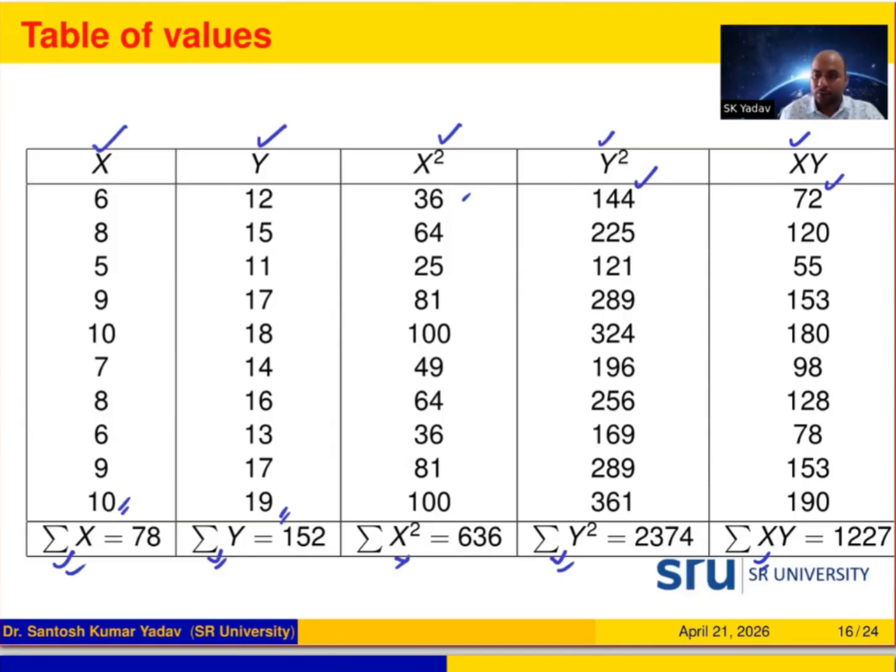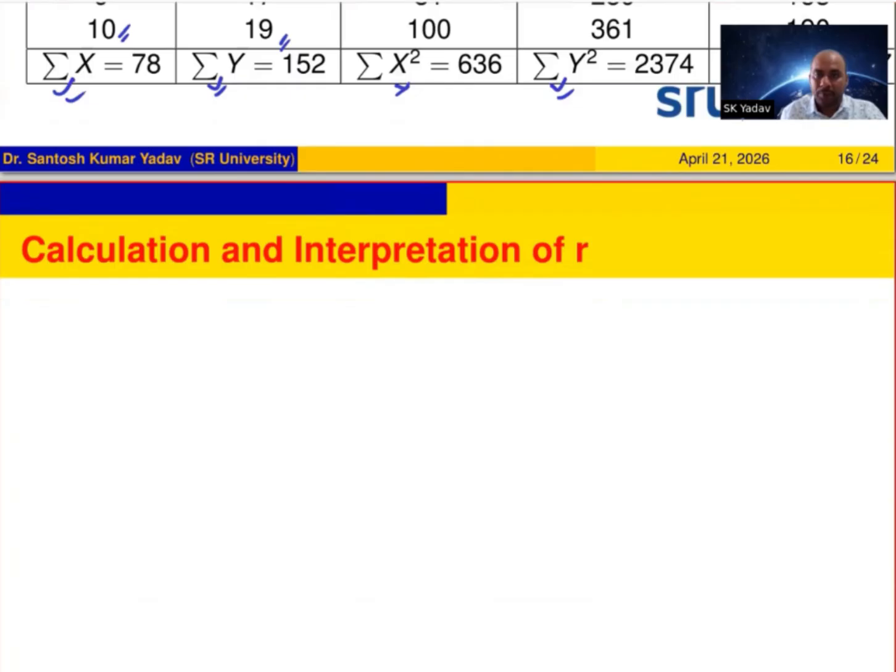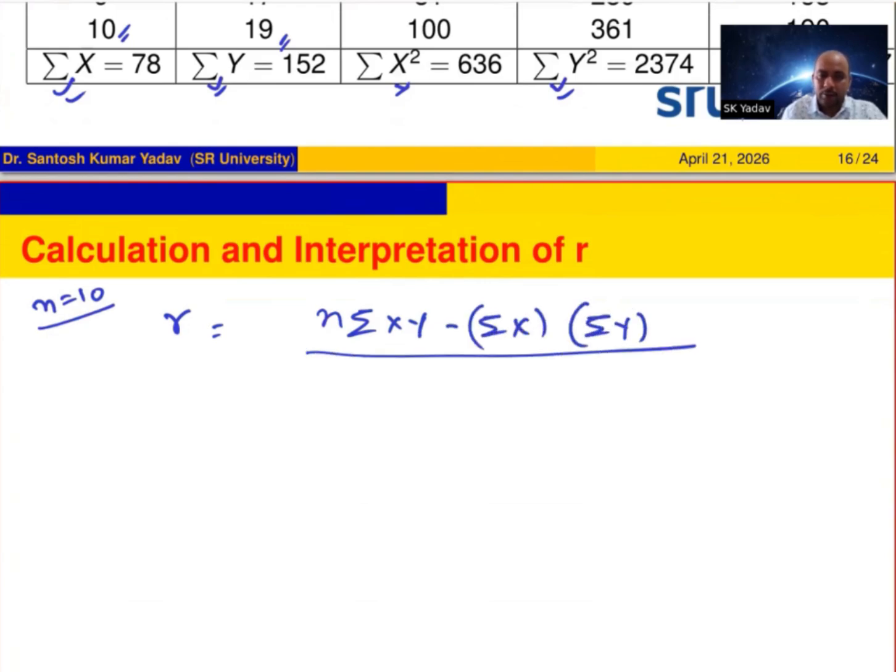Now I can use the formula here. So I can write now here r equal to, here n equal to 10 because 10 data points are given. So this is n times summation xy minus summation x into summation y, divided by, and this I can write very simply as n times summation x square minus summation x whole square.